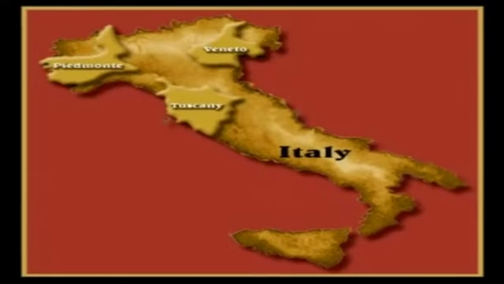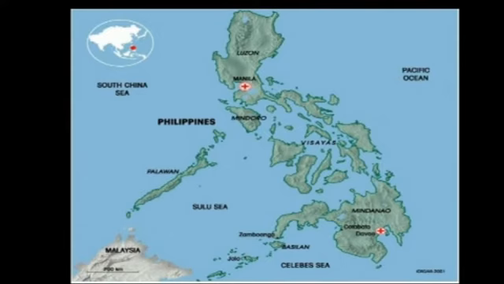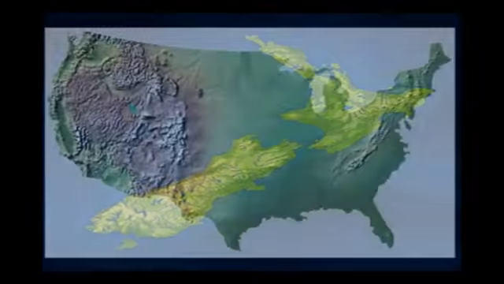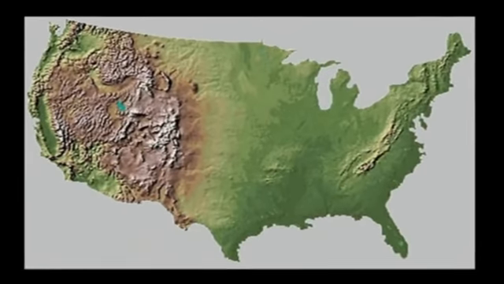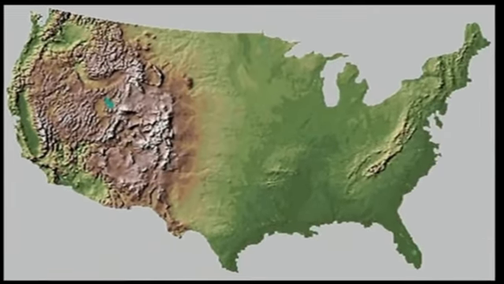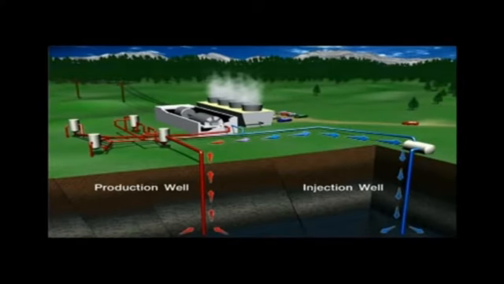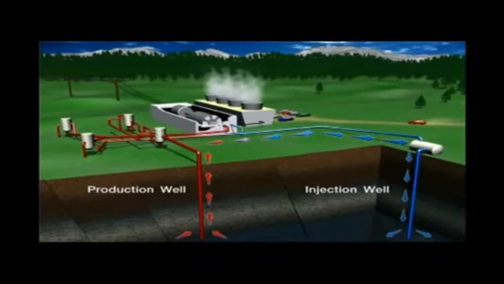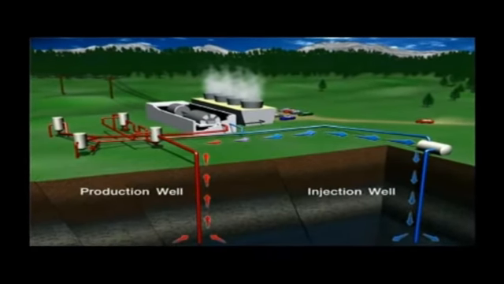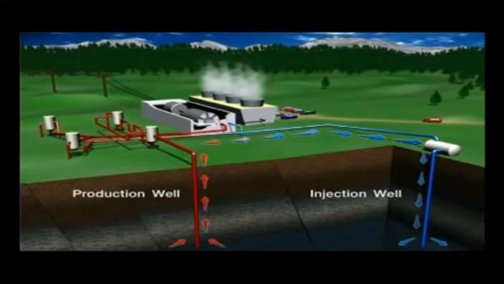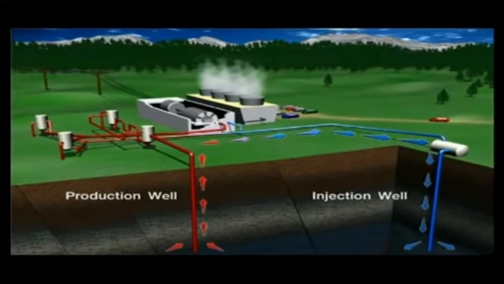Iceland, Italy, Japan, Philippines, New Zealand and the United States have developed geothermal power plants. The method is simple: installing a pipe into the wells drilled over the regions of geothermal sources and connecting them to a turbine.